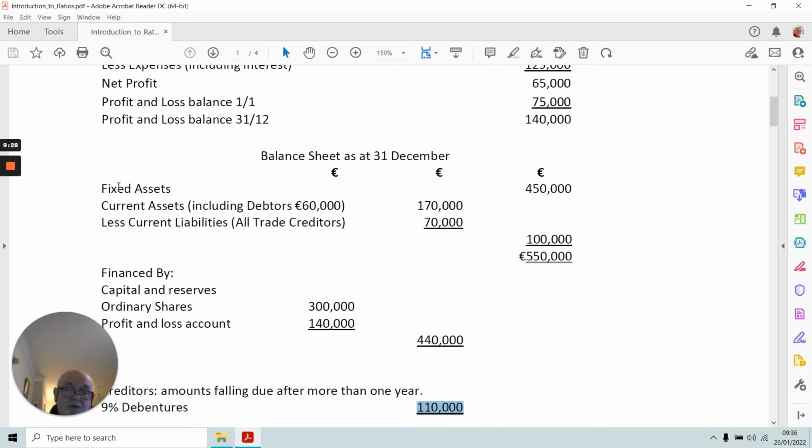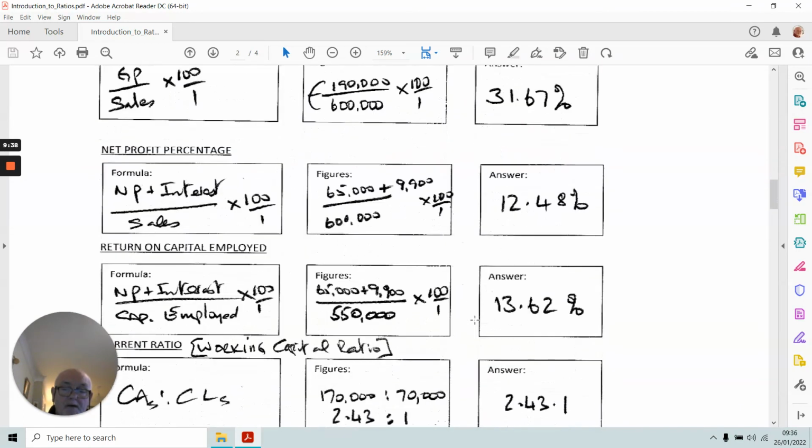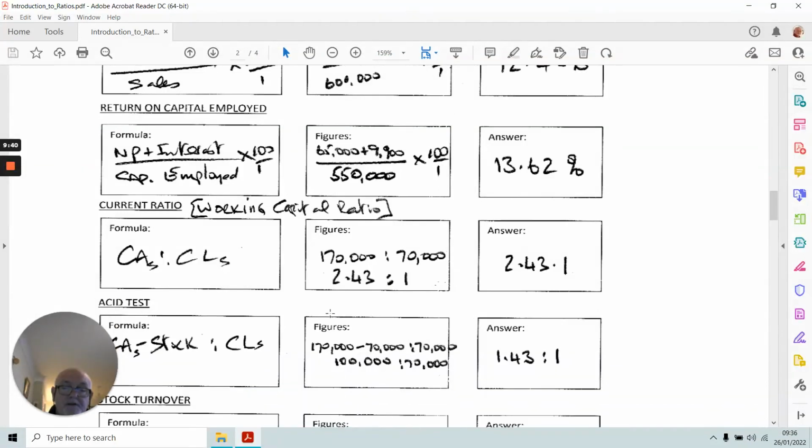You wouldn't want to be using your fixed assets to pay your debts, however you would use your current assets. That's why we put the current assets in a ratio to the current liabilities. So we've got 170:70 or 2.43:1. So that for every €1 the firm has in debts falling due, it has €2.43 of current assets with which to pay them.